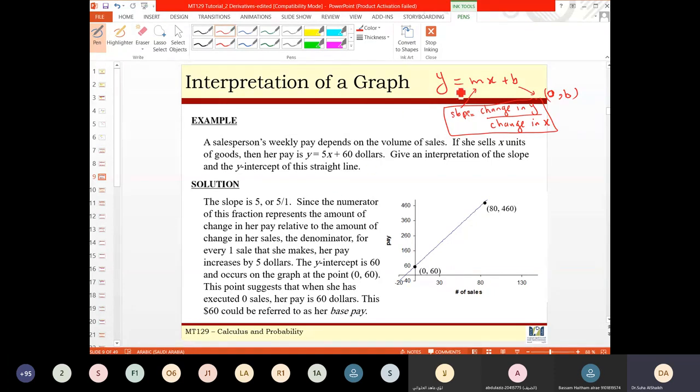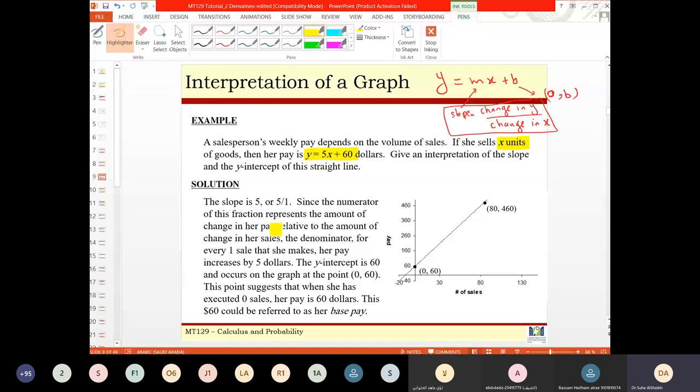So in this example, we have a salesperson whose weekly pay depends on the volume of sales. If she sells x units of goods, then the payment she's getting is y equals 5x plus 60. Have a look at the pay she's getting.